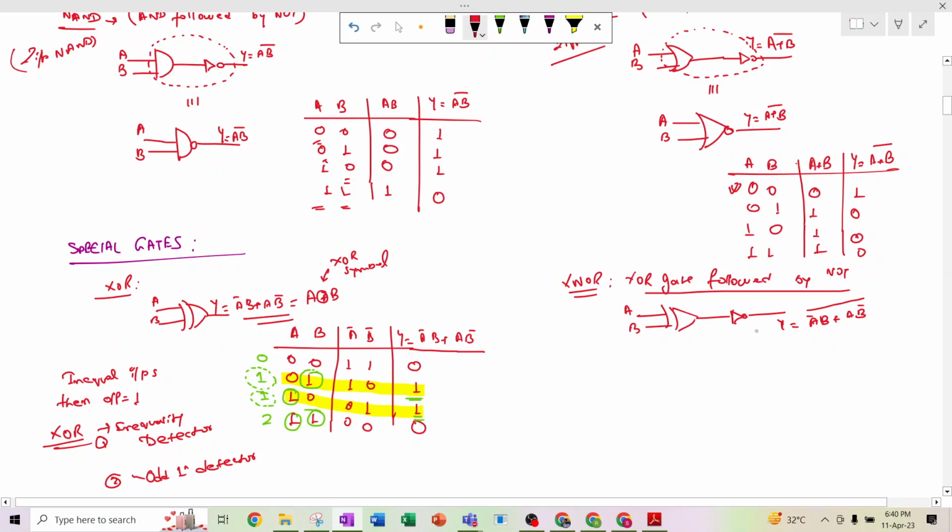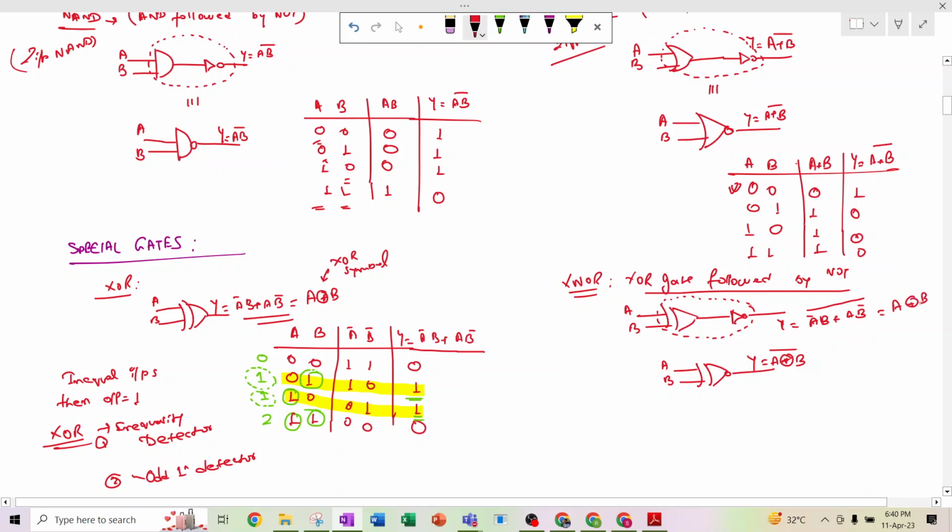And here also, if we combine these two, we get A B, and this is Y, which is basically the complement of XOR, right?